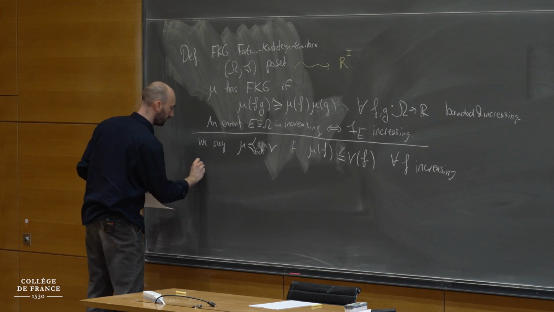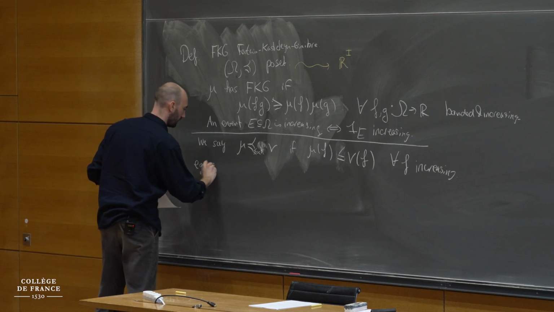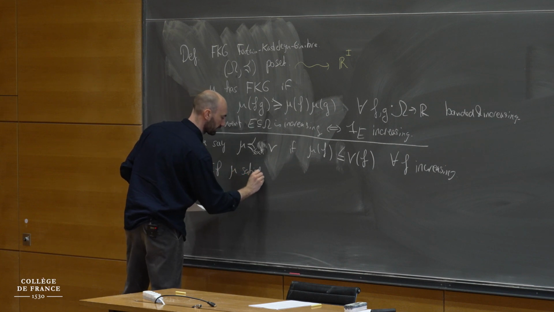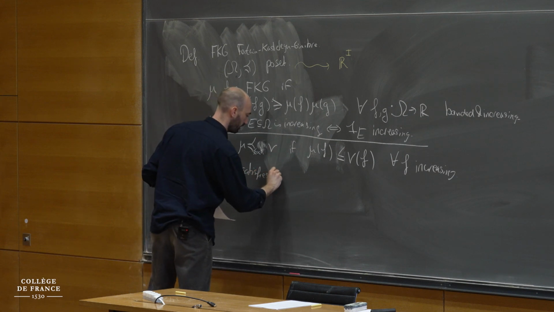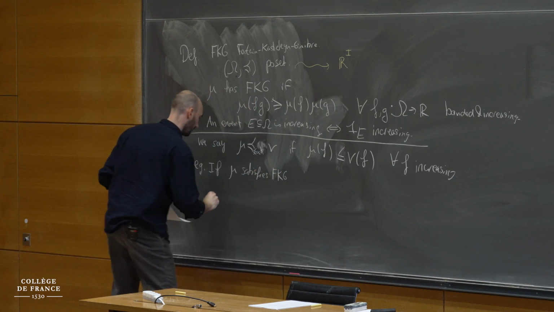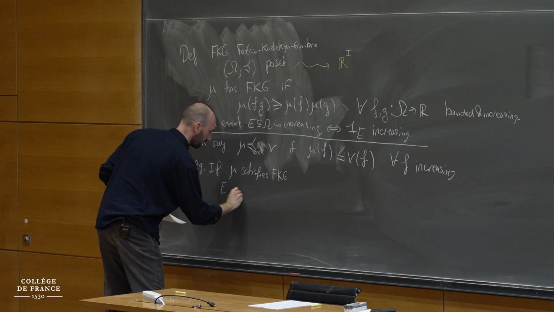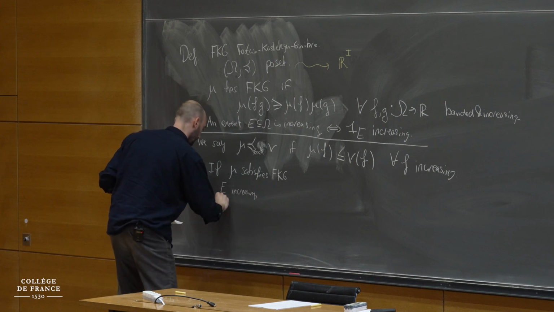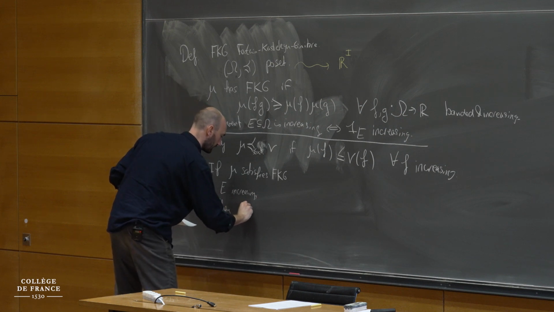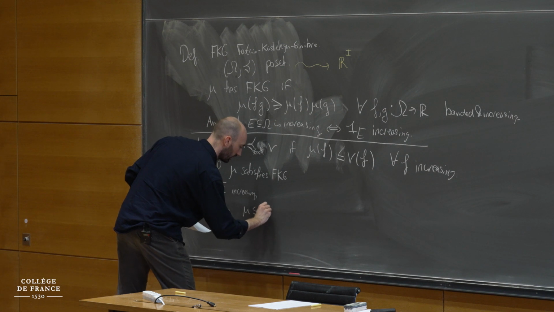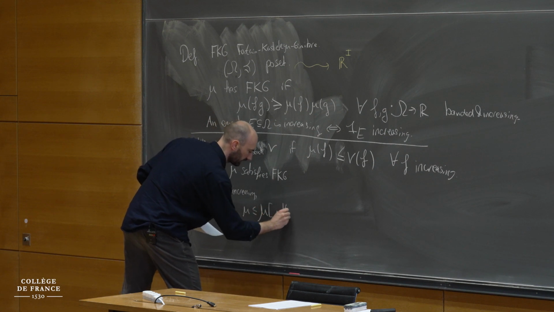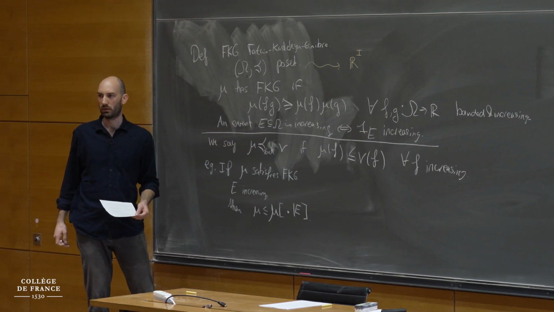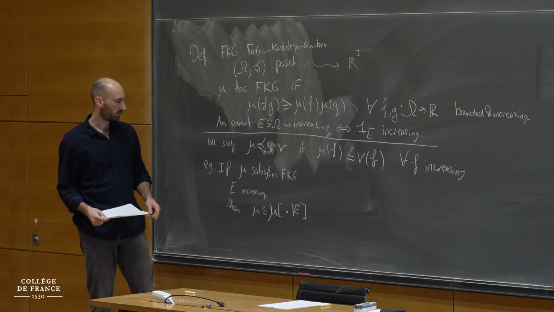So for example, if mu satisfies FKG and E is increasing, then mu is stochastically dominated by mu conditioned on the event E. So why is this true? Well, it's actually very simple.